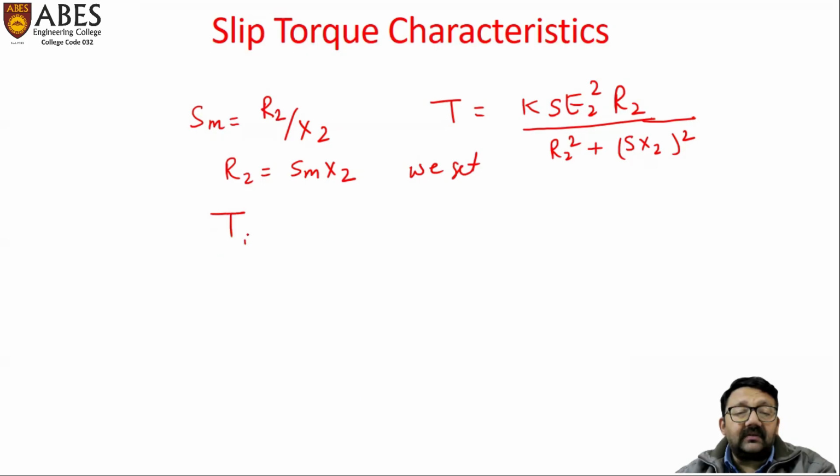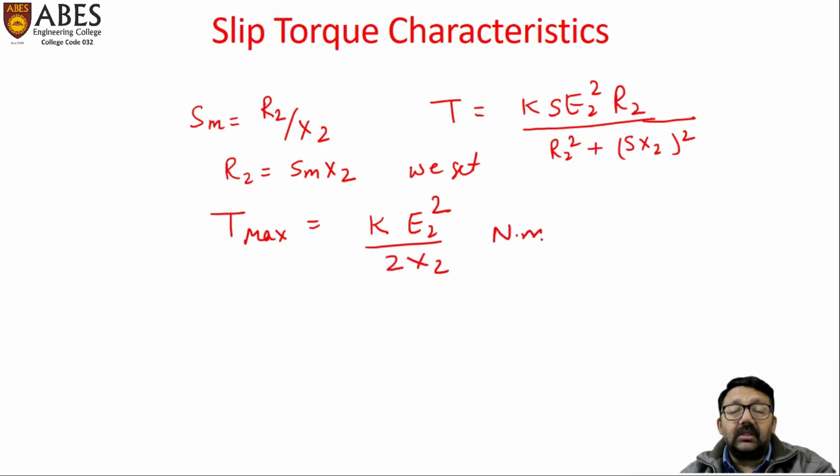Tmax comes out to be K E2 square upon 2 X2 newton meter.